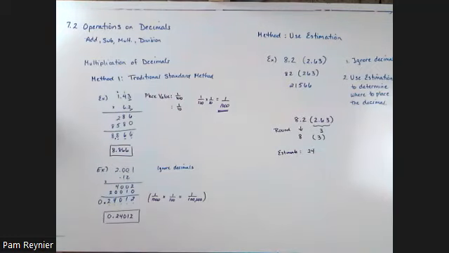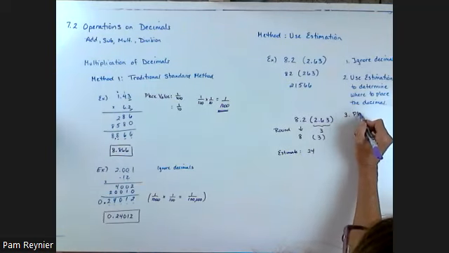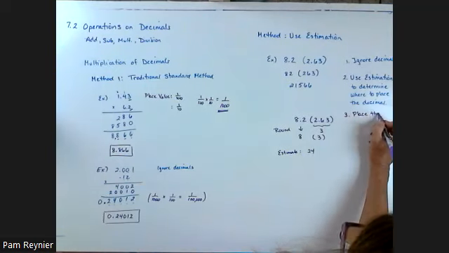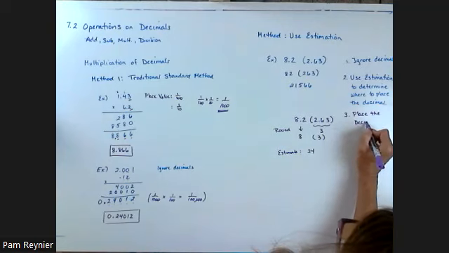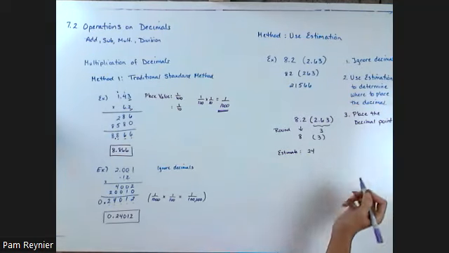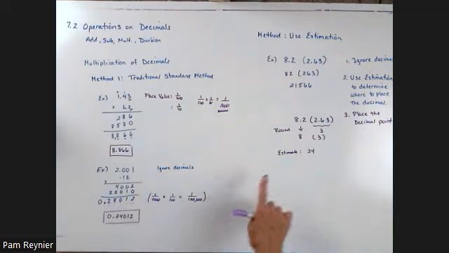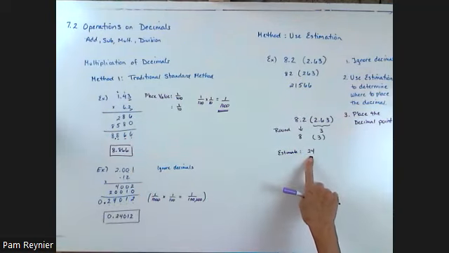Once we figured out what the estimate should be, now step 3, place the decimal point. You already have what the answer would be without having to worry about hundreds, thousands, things like that, like we did over here. But our answer should be close to 24.